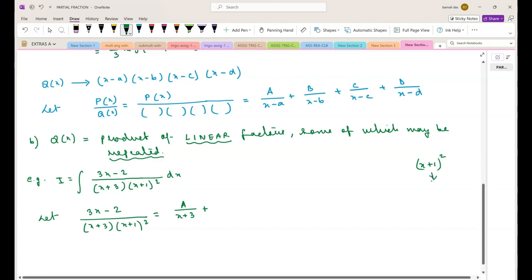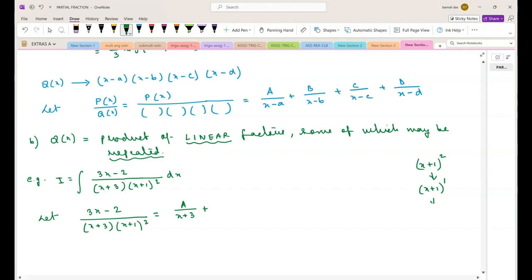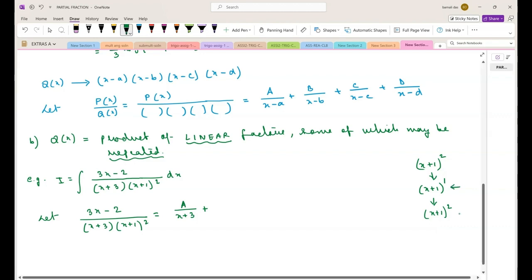That means the first power x plus 1, you always start with 1, power 1, and then you come to x plus 1, power 2. You could also have x plus 1 power 3, but we don't have it here. I'll mention it later. So this is one occurrence with power 1, and then another occurrence with power 2, which is the maximum that happens here.